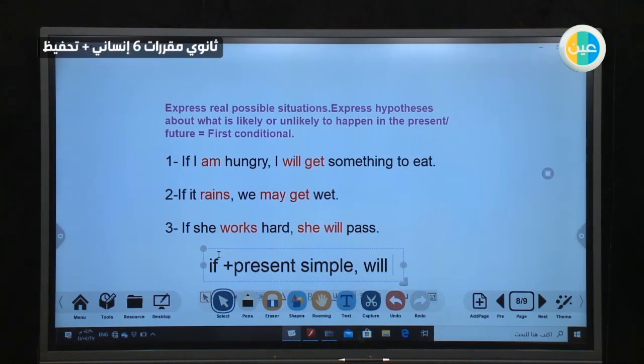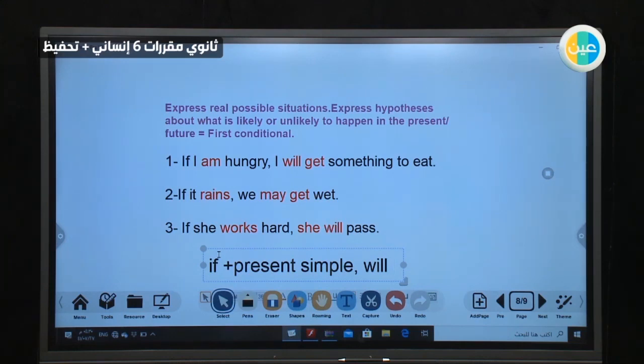Number 2, if it rains, present simple, we may get wet. Instead of will, we use may. So you can use any other modal verb like will, may, or even can. If she works hard, she will pass.